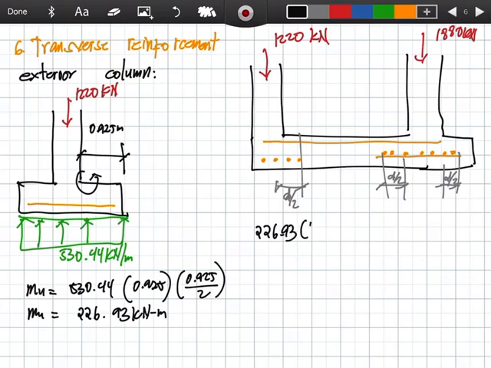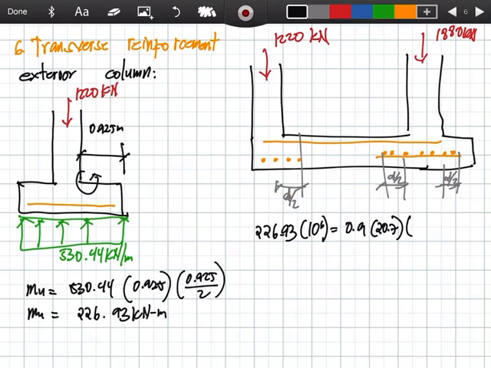So, 226.93 kilonewton meter is equal to 0.9 F prime C BW. Ngayon, ang BW na natin ngayon ay hindi na siya 2.3. Ang BW natin ay ito.